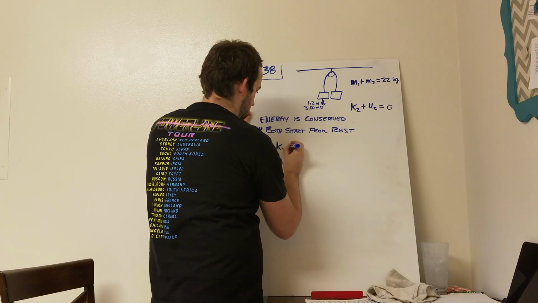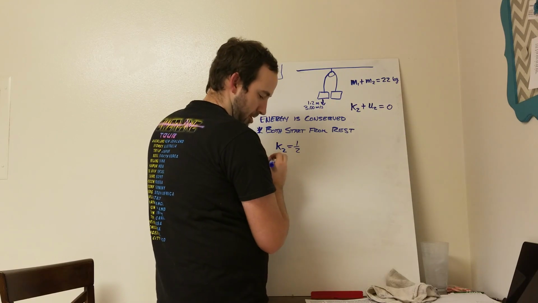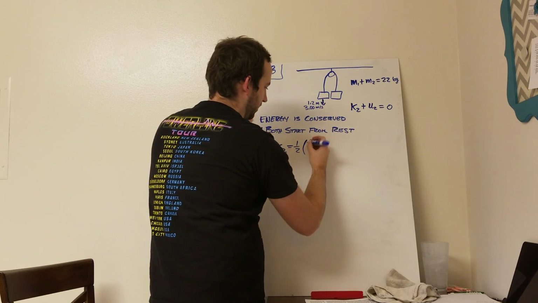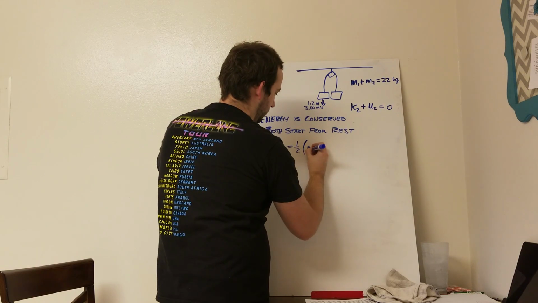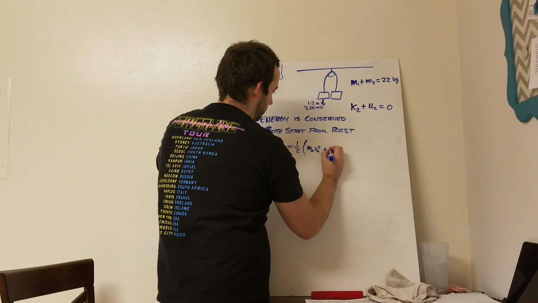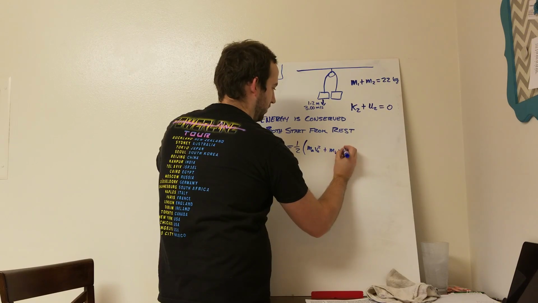We know that kinetic energy equals 1/2 mv squared, but since we have two things, we'll need to break that up. So it'll be m, we'll say block A, vA squared, plus mB vB squared.